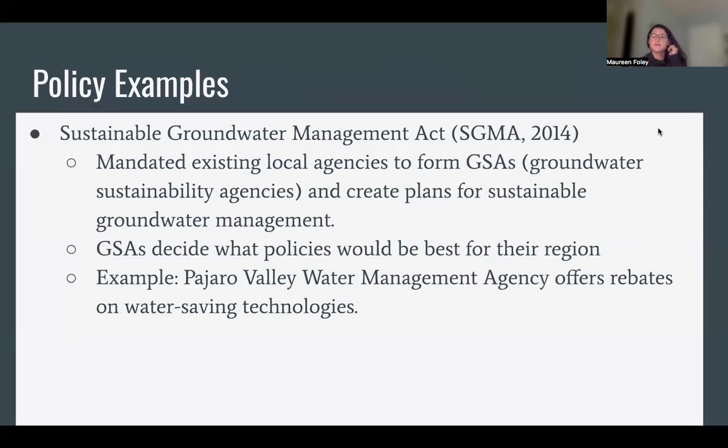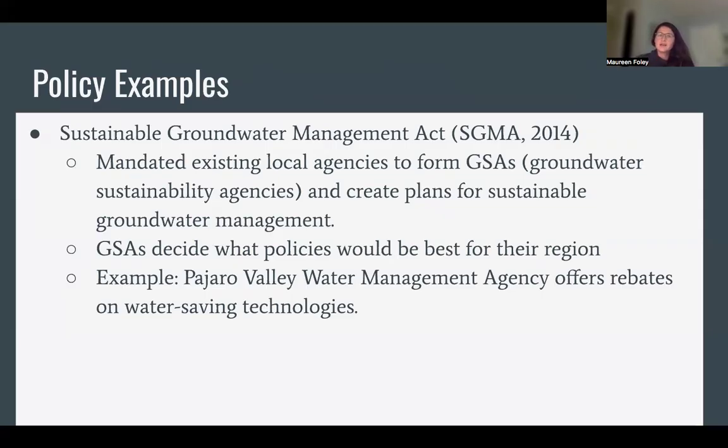So let's talk about a few examples of these kinds of policies that are in action. In 2014, the state of California passed an act called the Sustainable Groundwater Management Act, or SGMA. Now, this has been a very hot topic in agriculture in California for the last 10 plus years.